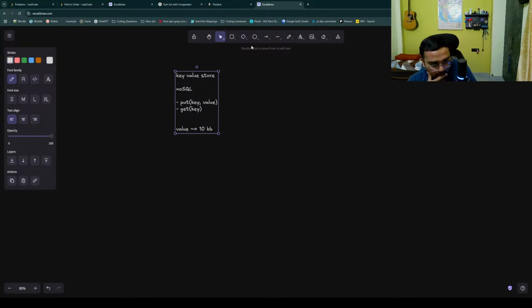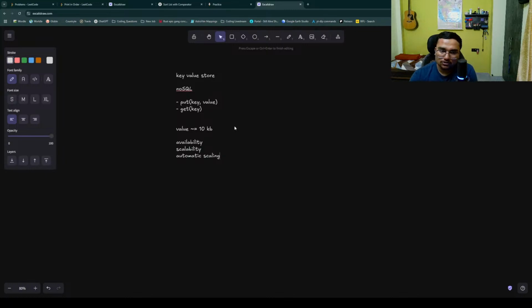Availability, scalability, automatic scaling, tunable consistency, low latency. Okay, we need all of this. Availability means it should be available to serve requests. It should be scalable. Like if I want to process a billion requests, it should be able to do so. Automatic scaling: I don't need a DevOps person clicking on buttons to scale up.